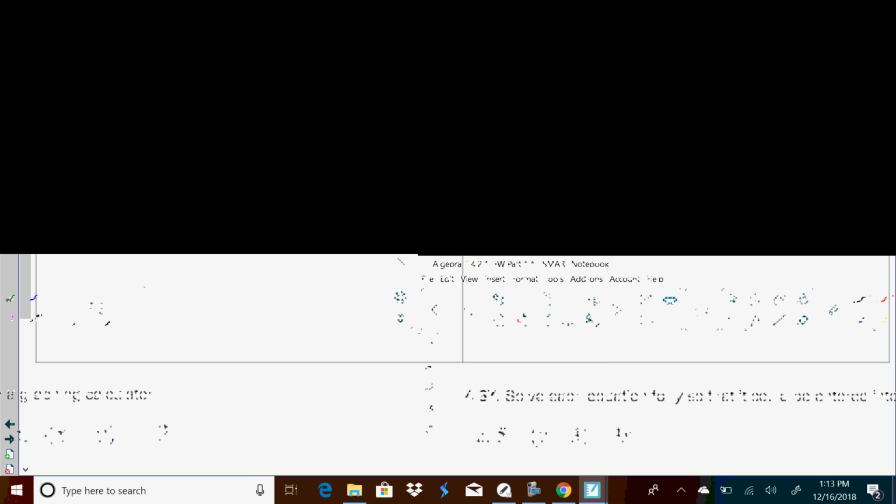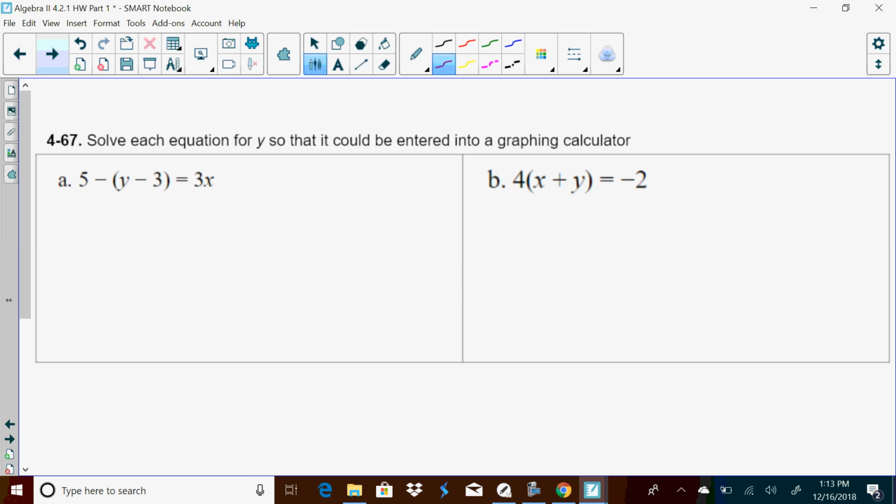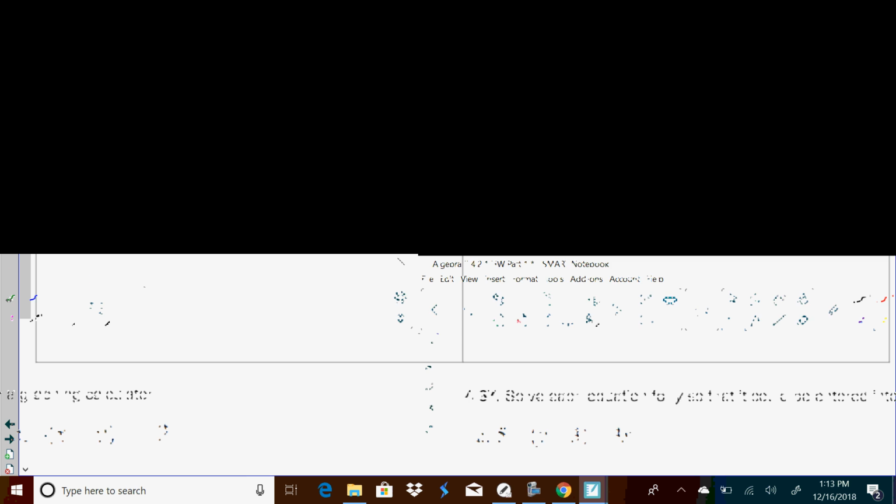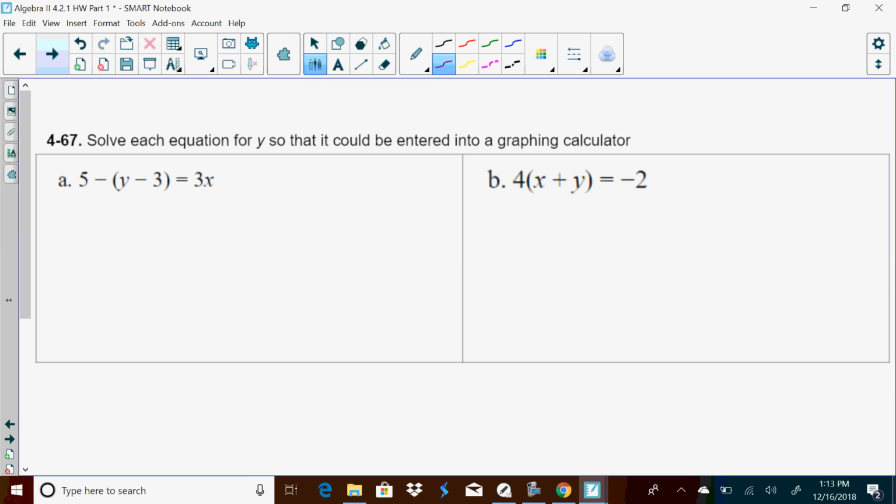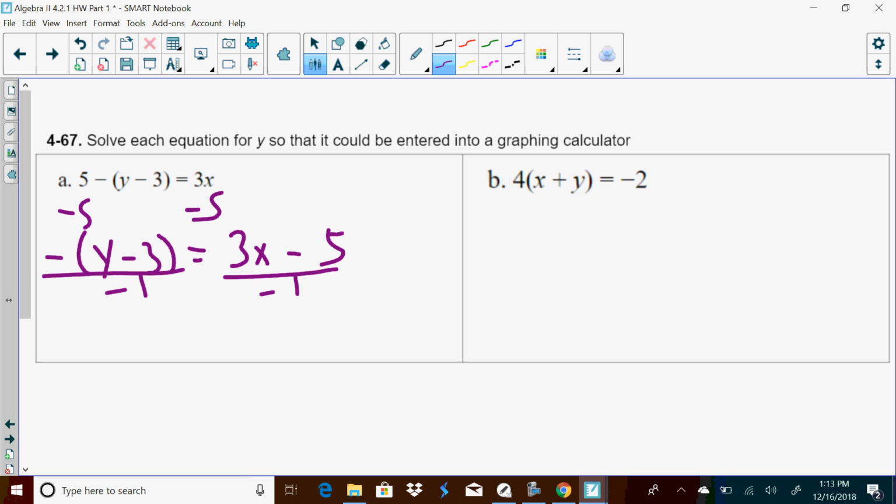Problem 67, it said solve each equation so that you could plug it into a graphing calculator. So we would solve for y. So I get the opposite of y minus 3 equals 3x minus 5. Divide by negative 1. So I get y minus 3 equals negative 3x plus 5.